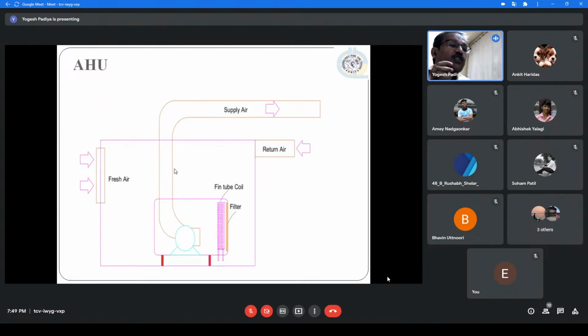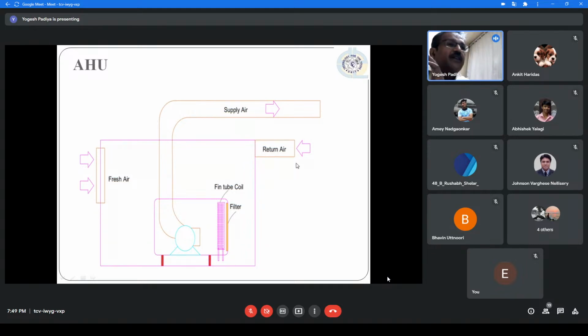Now, AHU. As I told you, the cold water from the chiller is passed over the coil, and the return air from the room comes here, is passed over the coil, gets cold, and through the blower it's supplied to the room. It is not possible that all the time I am taking only the return air, because of that there will be suffocation. So some amount of fresh air is added.